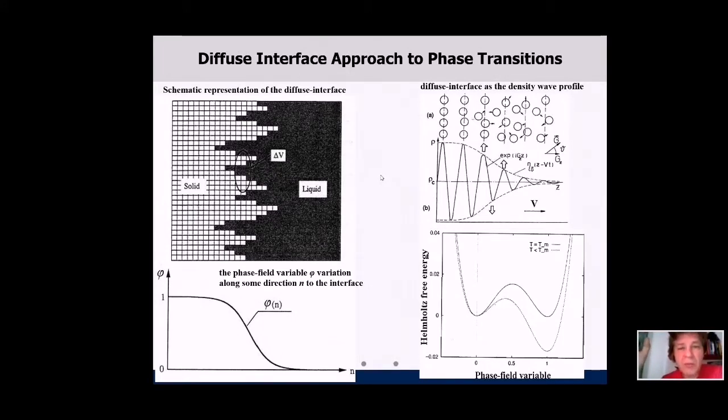a metastable bulk, like here we say at 0 of the order parameter, and a stable phase at 1, which characterizes the ordering crystalline structure.